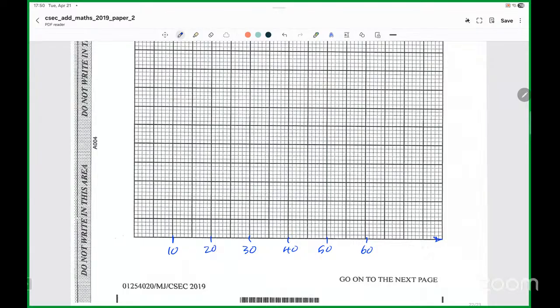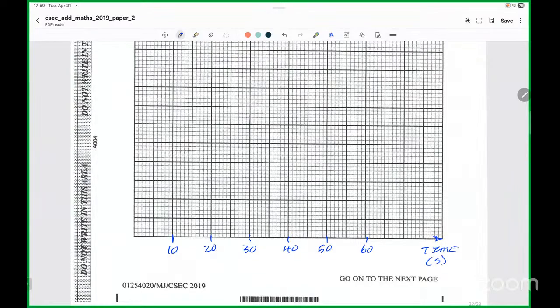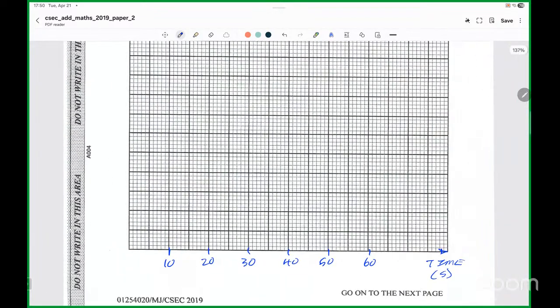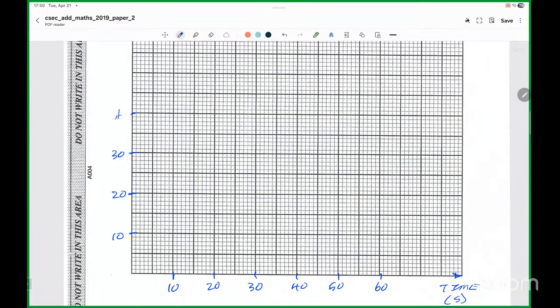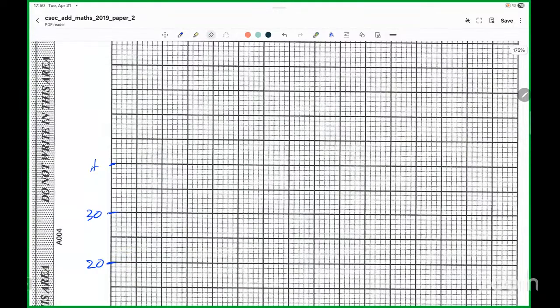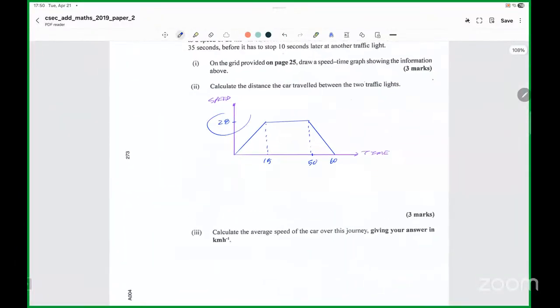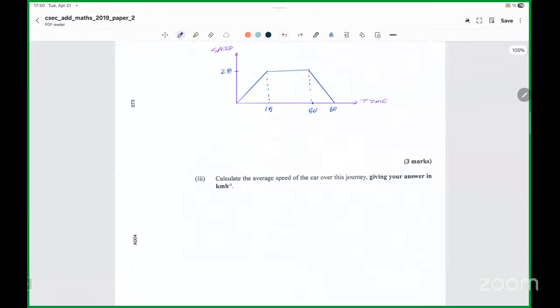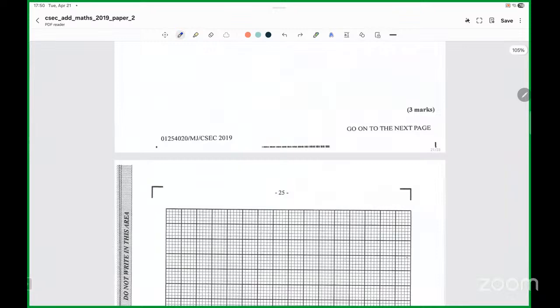This is your time axis in seconds. And up here, let's go 10 again, 20, 30, 40. What speed did it go up to? 35? No, 28. So I ran too far.